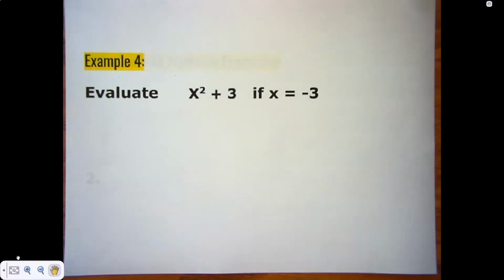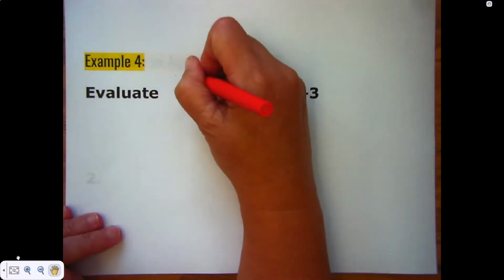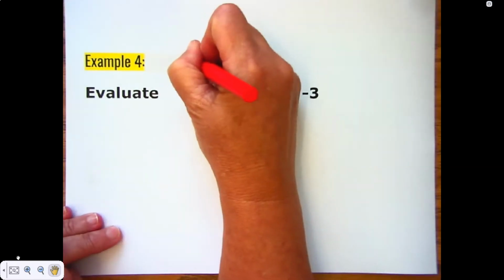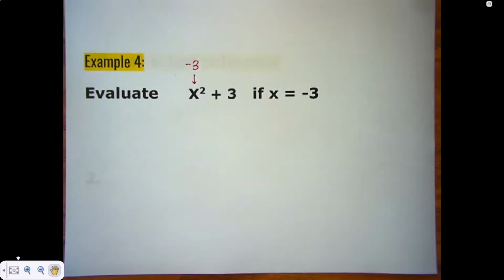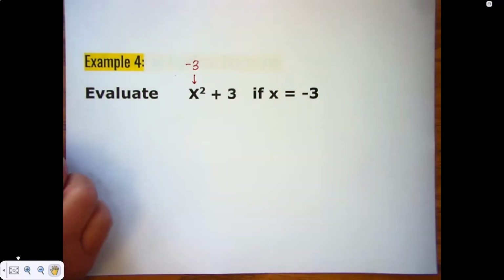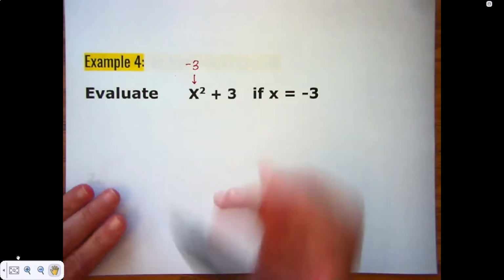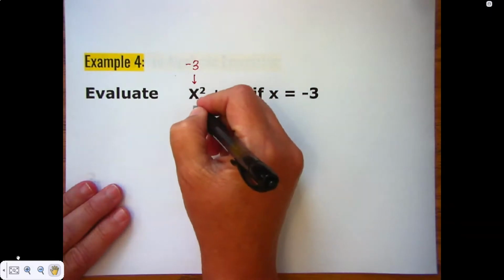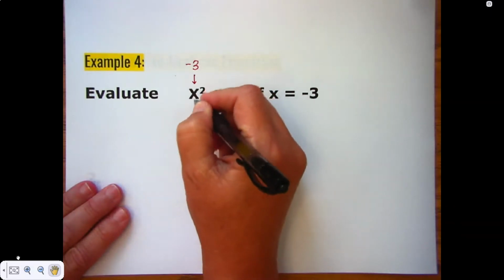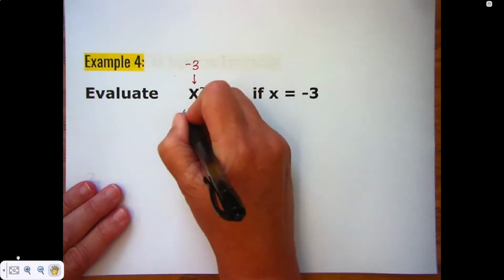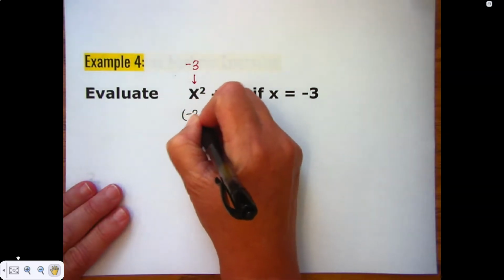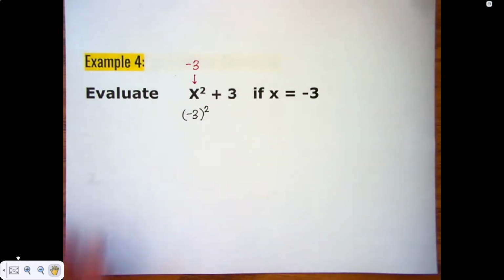All right, so on this next one, we're going to evaluate x squared plus 3 if we know that x is equal to negative 3. So we are going to take this negative 3 and sub that right there for that x. Now, this is really important. When you sub in -3 for this x, and it's being raised to that exponent, you need to wrap that -3 up inside parentheses.